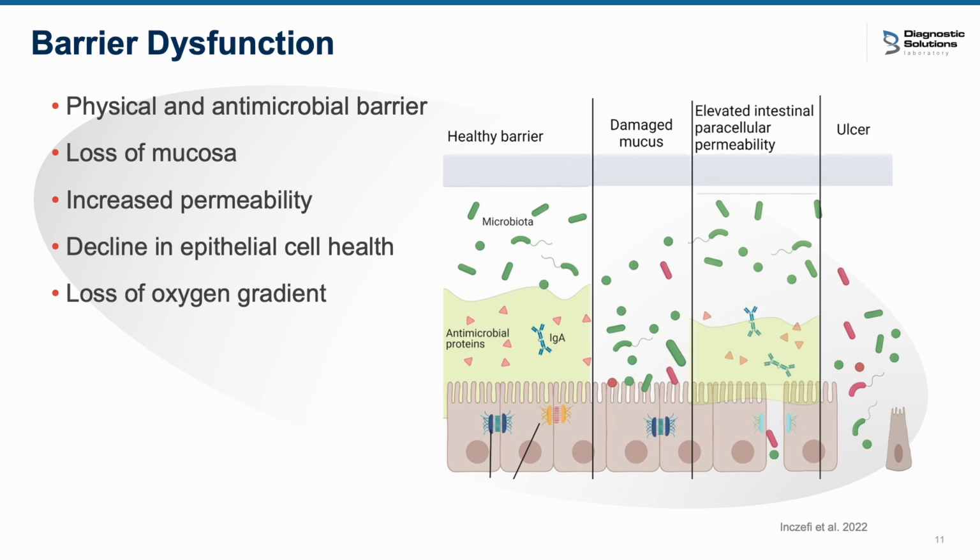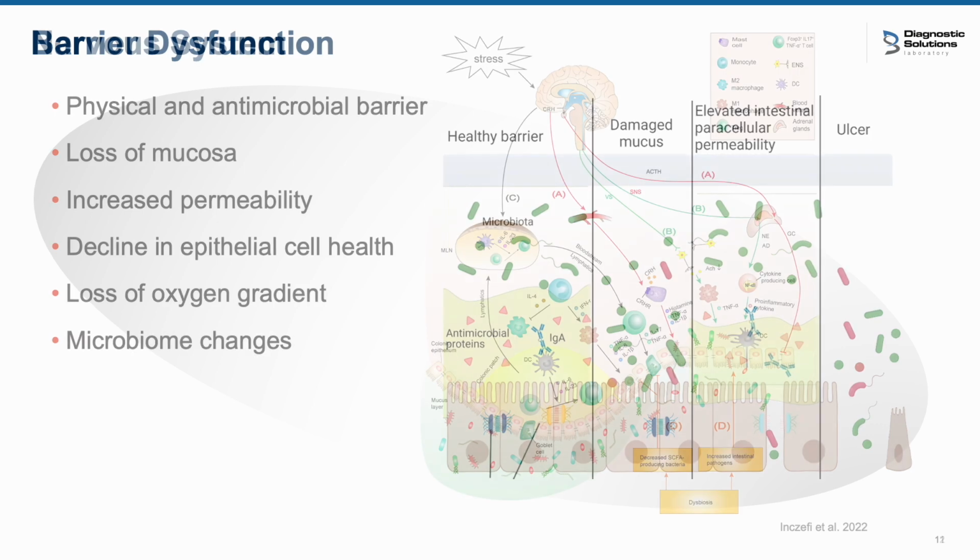And so what you'll see in inflammatory bowel disease is the increase in oxygen here in the lumen and a decrease in oxygen at the cellular level. So a dysfunctional oxygen gradient, which again will skew towards a more inflammatory microbiome and will lead to poorer health of the epithelial cells. So we really need that barrier function to be intact, healthy epithelial cells, healthy mucosal production to have good gastrointestinal health.